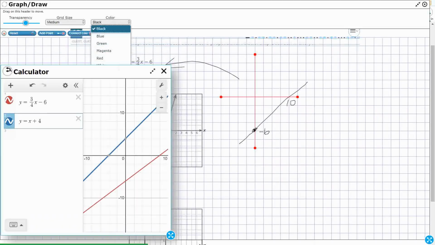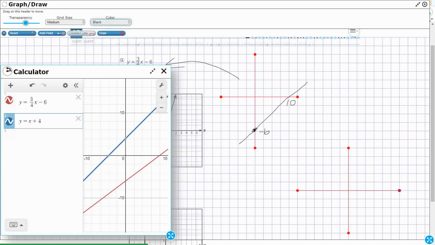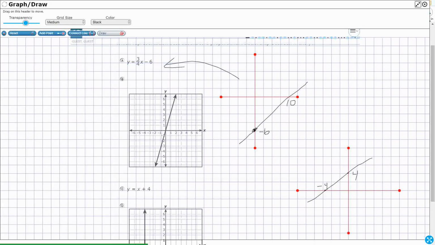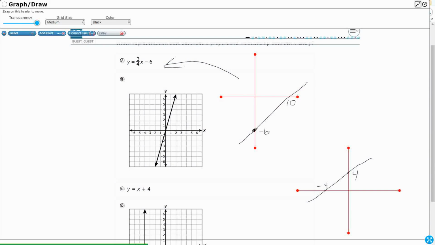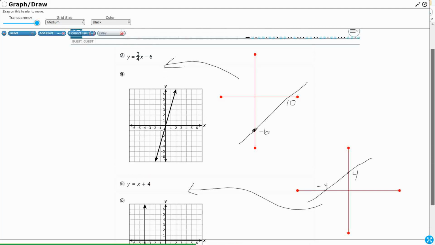Let's draw another little graph down here, and it's going to rise like this. It looks like this was -4. This was +4. All right, so we have some representations, and this is going to be my C.